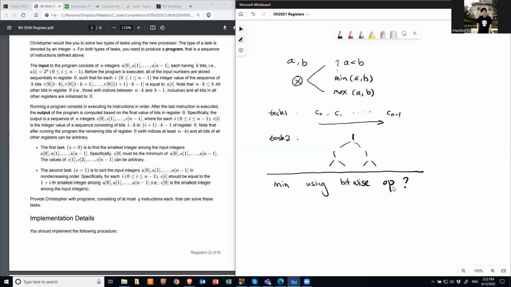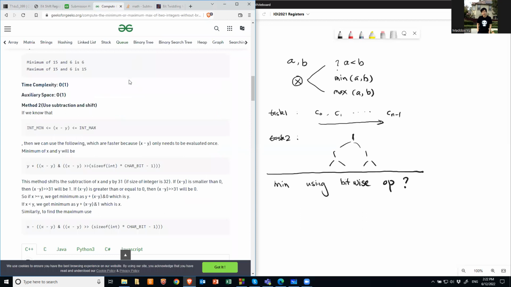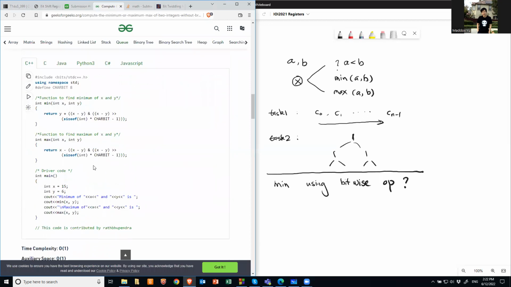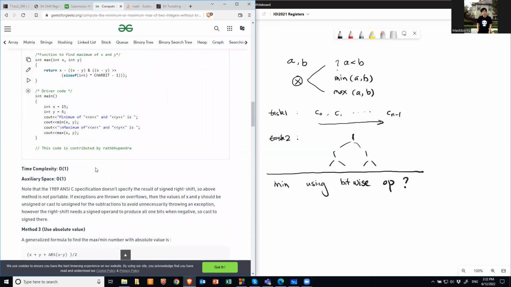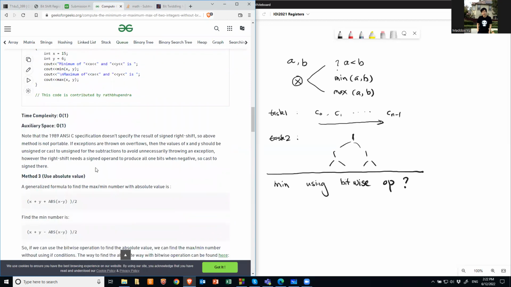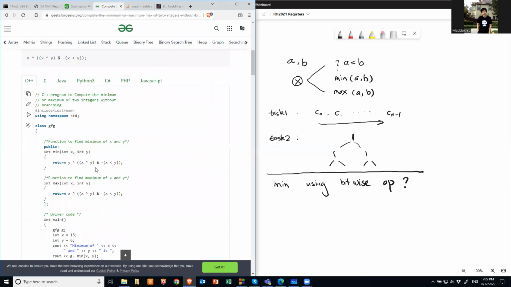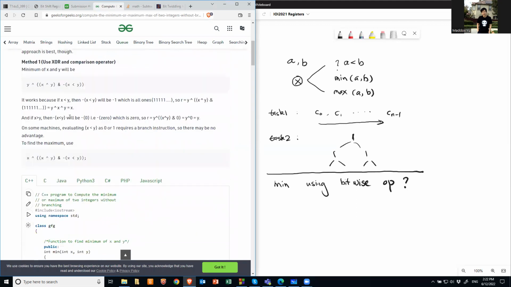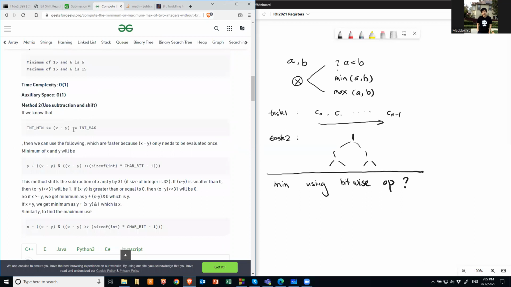This is actually a standard problem. Here is one of the answers on GeeksforGeeks. This operation has a complexity of O(1). There are some other operations that have a complexity of O(n).